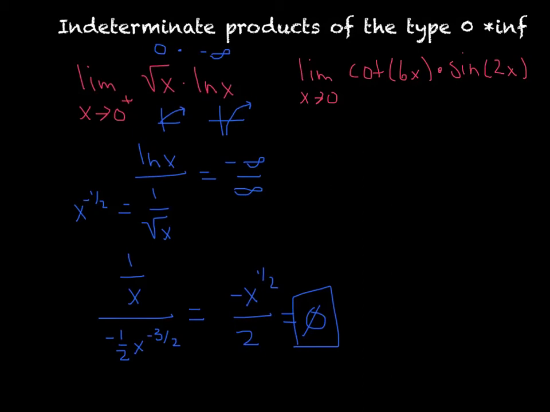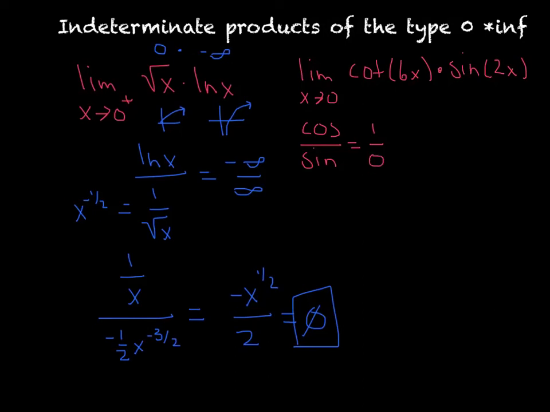All right, and once again, let's explain that. The cotangent is cosine over sine, and so if you plug in 0 into the cosine function, you're going to get 1, and you plug in 0 into the sine function, you're going to get 0, so that's infinity.